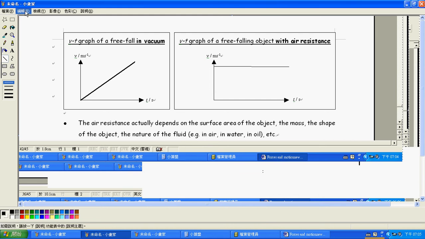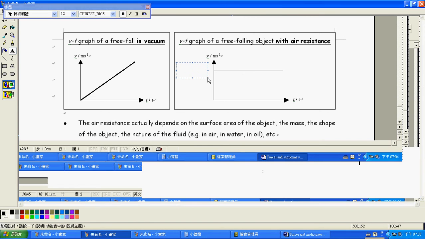Let's make it a better straight line. Ultimately, we call this terminal velocity.